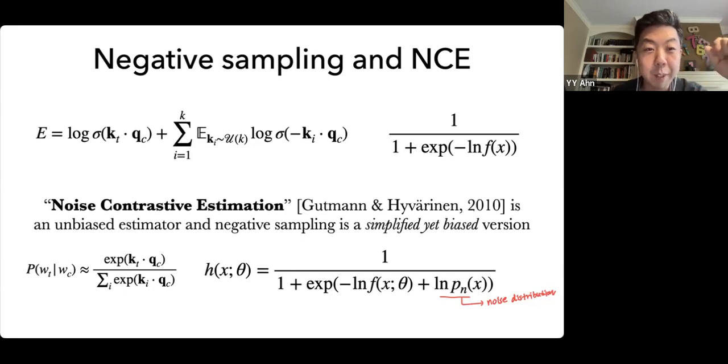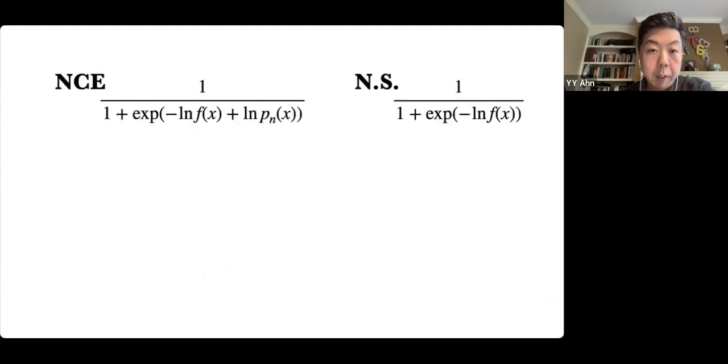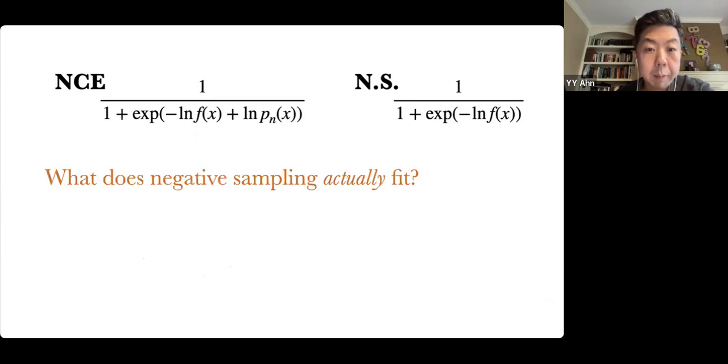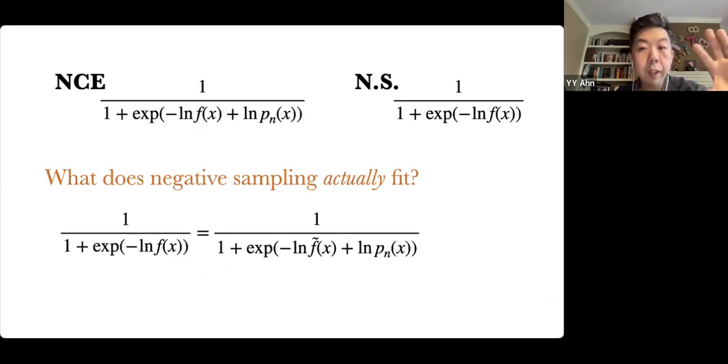But it's slightly different from negative sampling, with one more term that reflects the noise distribution. But we can rewrite negative sampling to express it in terms of a noise contrastive estimation problem.